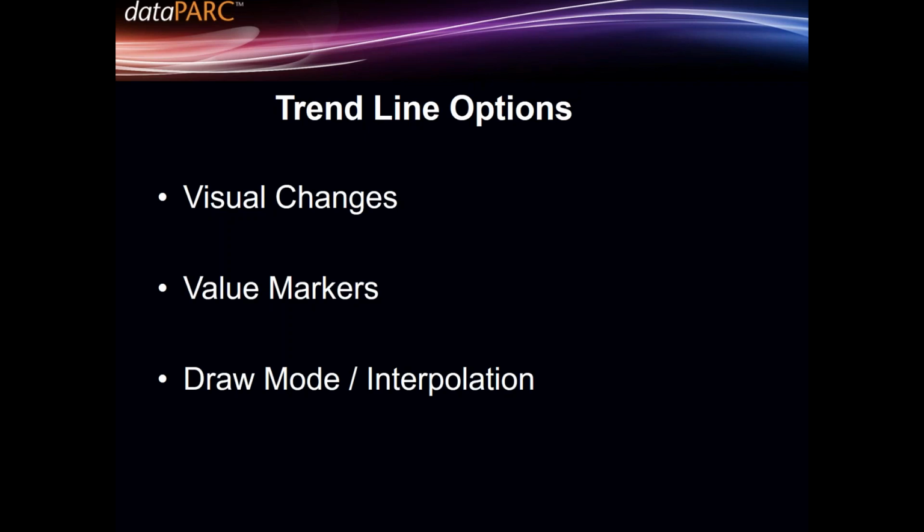But that's only related to the appearance of the trend line, not necessarily related to the data. Compared to value markers, which is going to allow you to highlight where actual values appear on the trend and to get some more information about those. And then the final category of options we're going to talk about are the draw mode and interpolation options, and those two kind of tie together, and we'll see how that works.